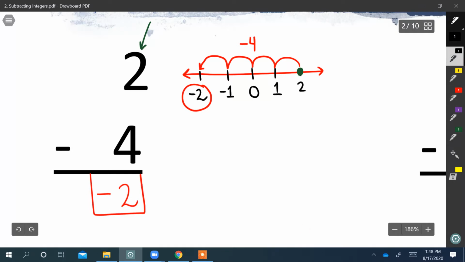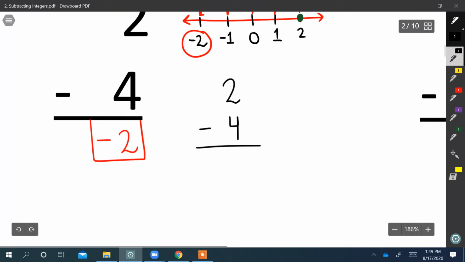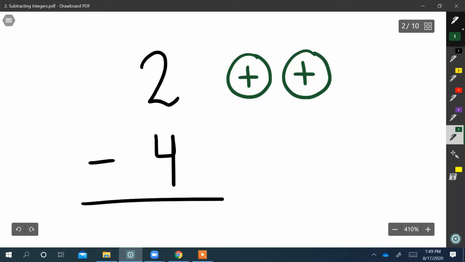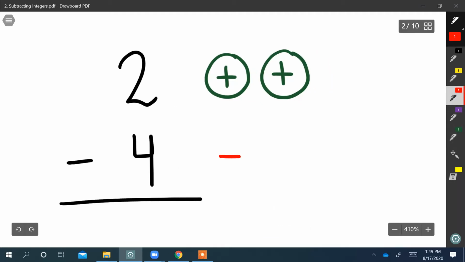Now when I look at this problem, here's what happens in my mind. And my mind might work a little bit differently than yours. But when I see 2 minus 4, this is what I picture in my mind. I have 2 positives. Here, I have 4 negatives.